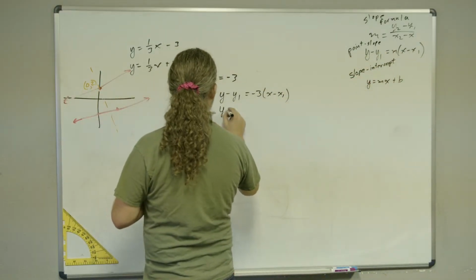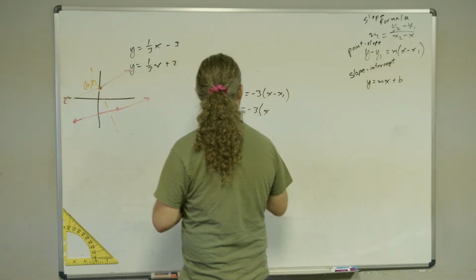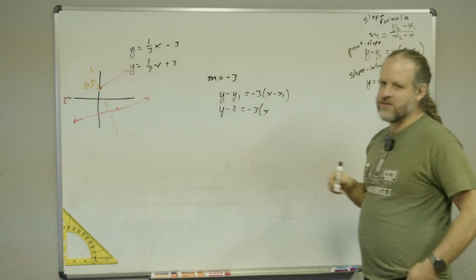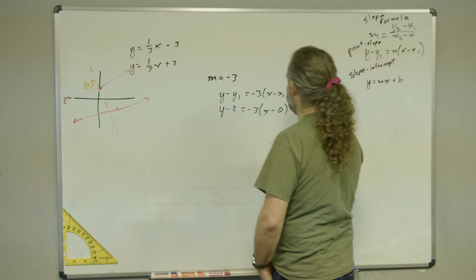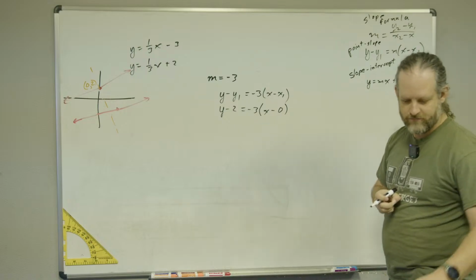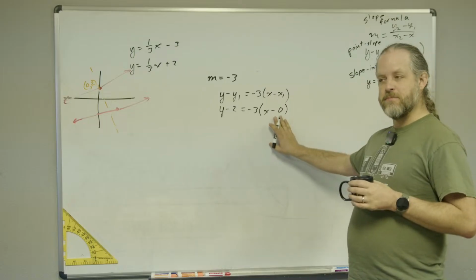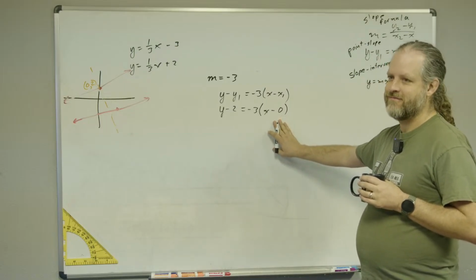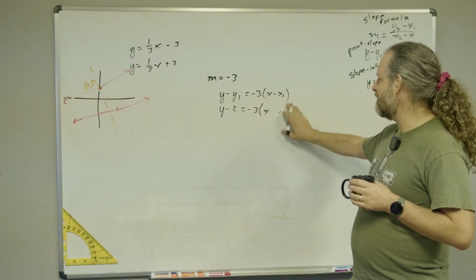So y minus 2 equals negative 3 times x. And what are we going to put in for x1? 0. Minus 0. Now what are we going to do? Distribute, sure. So what is going to happen to this minus 0 though? Does that do anything when we subtract 0? No, it's just going to cancel. It's just going to disappear, right?